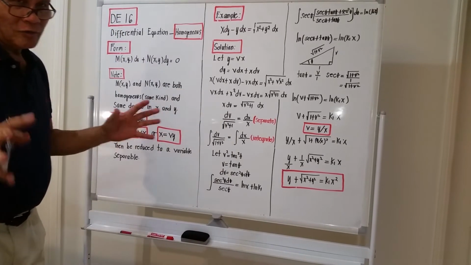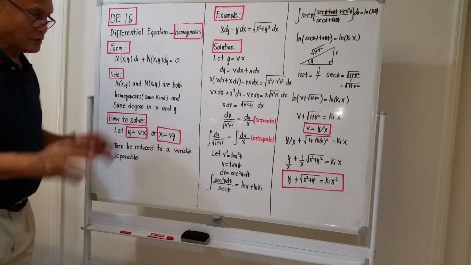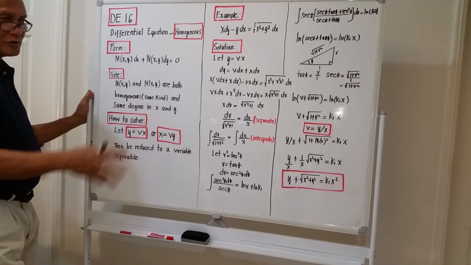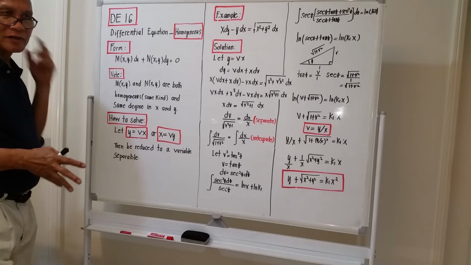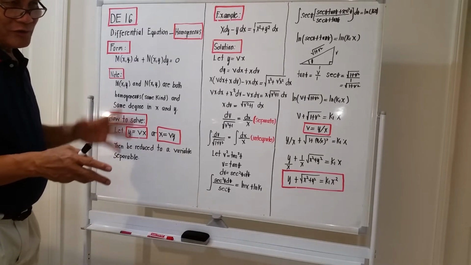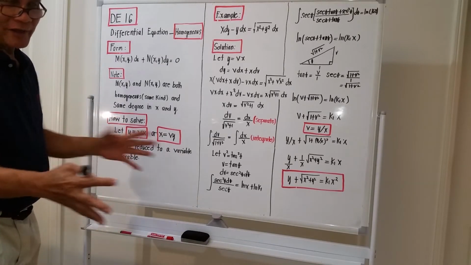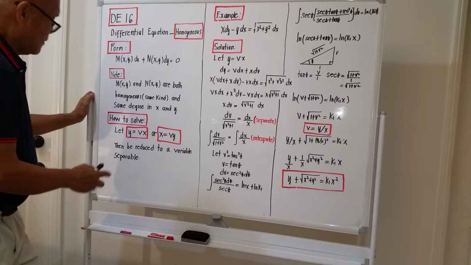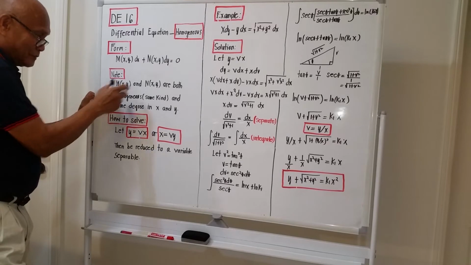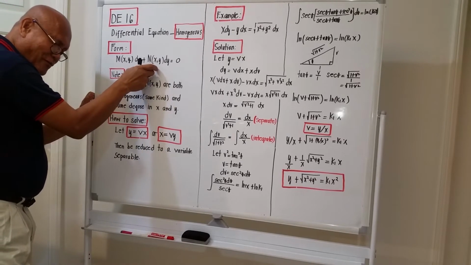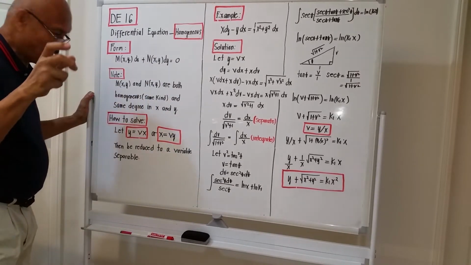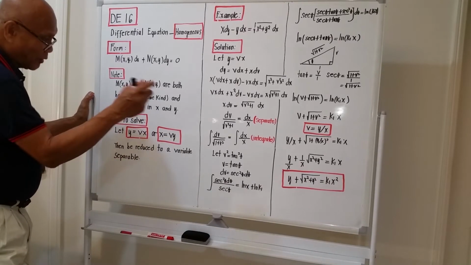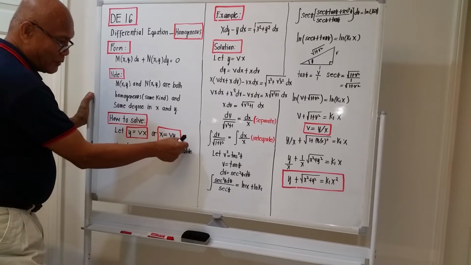To bring out the solution of this, we need a substitution. Okay, how to solve? There's a substitution. It's just like in integration by substitution, something like that. But this is different. In order for us to solve a homogeneous differential equation, we will let y equal to vx or x equal to vy.